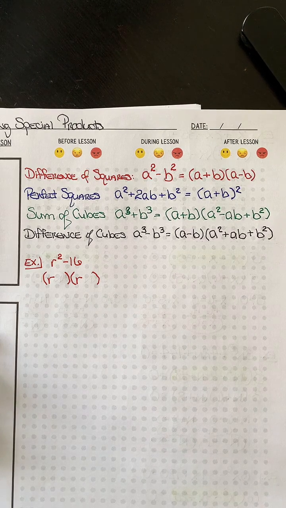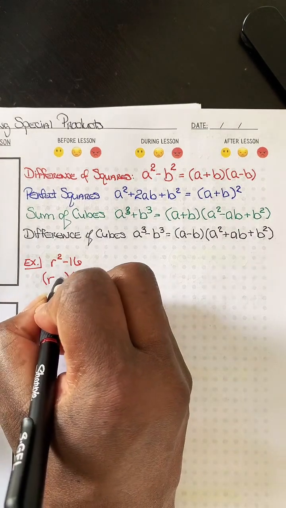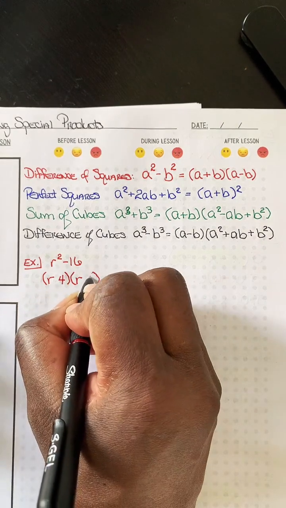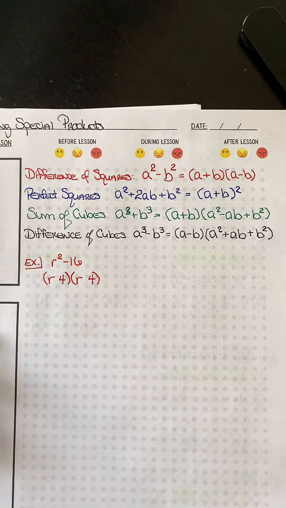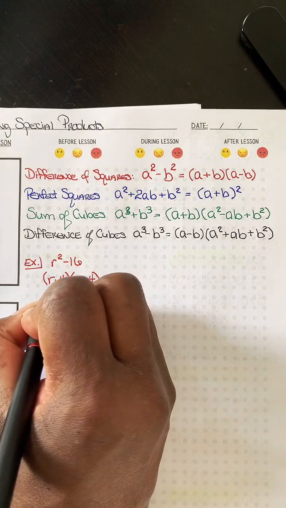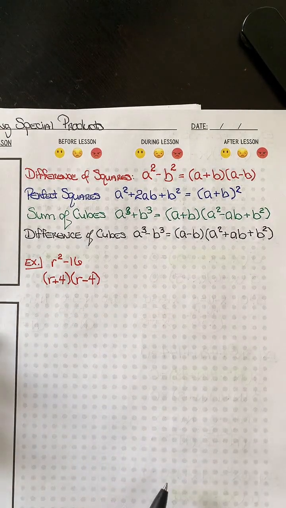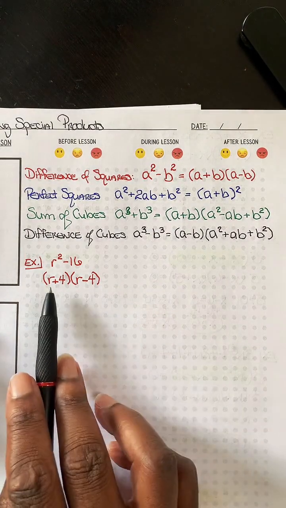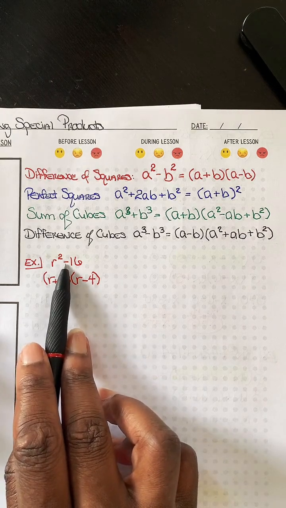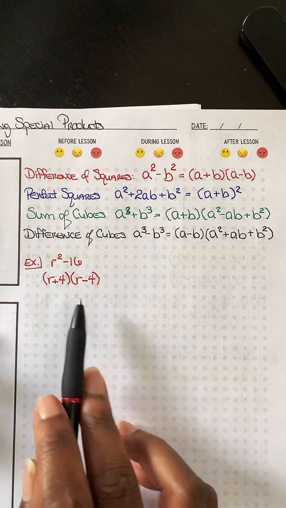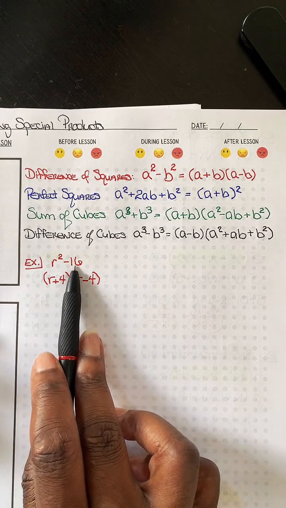So if we think of it this way, all right, two numbers to give me 16. I got 4 and 4. But to give me a negative 16, that means one of them has to be positive and the other one has to be negative. Okay? So I have my difference, because it's subtraction, of squares, because 4 squared gives me 16.